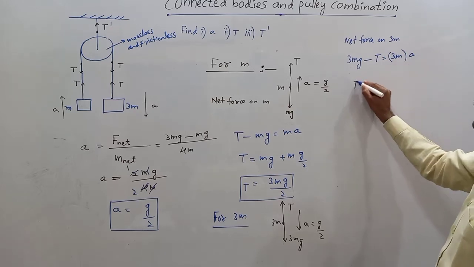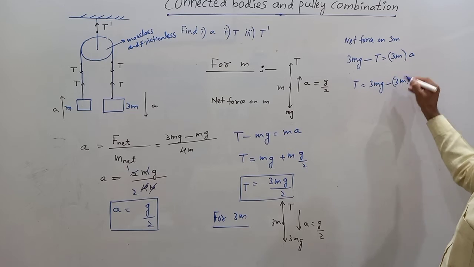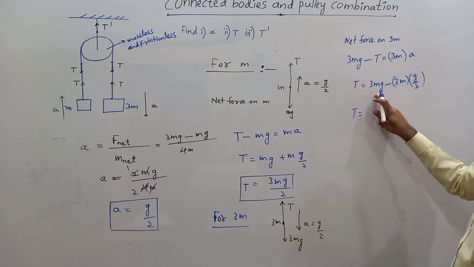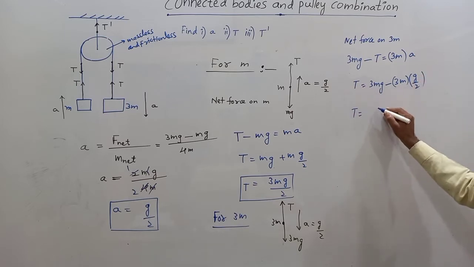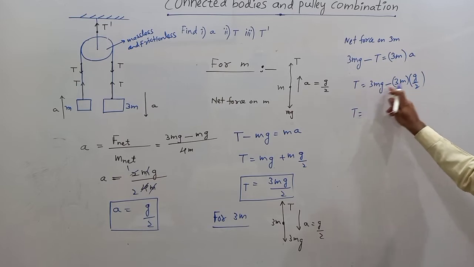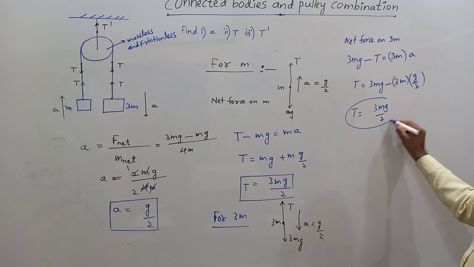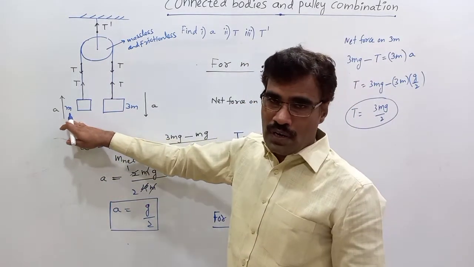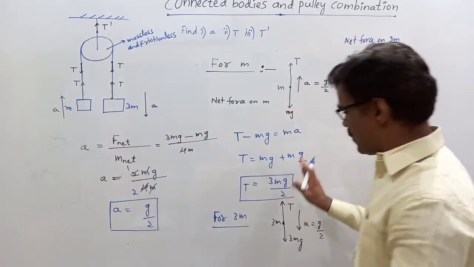Yes sir, that is T equal to 3mg minus 3m into g by 2. Therefore this is 3mg minus 3mg by 2, which is equal to (6mg minus 3mg) by 2, that is 3mg by 2. The tension in the string which is connected between the blocks, by using the free body diagram for M or for 3M, is the same.